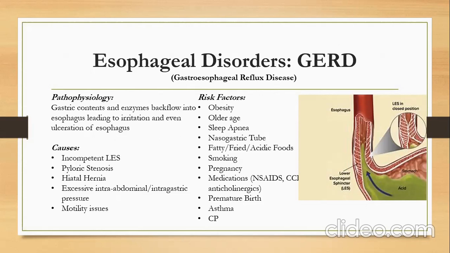So GERD, it can be self-limiting or it can be debilitating, okay? Causes are an incompetent lower esophageal sphincter. Now, colic. Vanessa's asking, would that be what they call a colic baby? Yes, colic babies who are colicky could be what's going on with them.